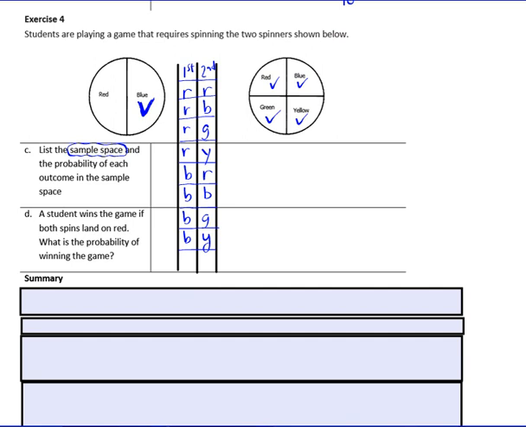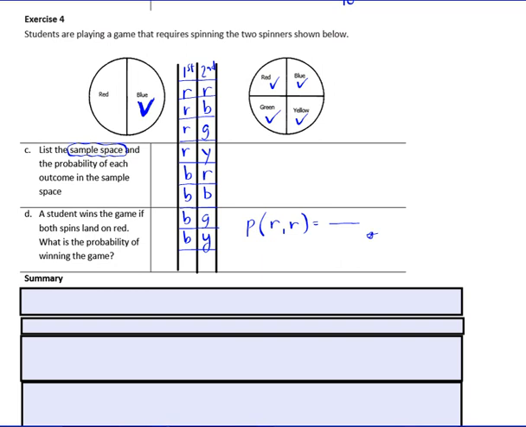D. A student wins the game if both spins land on red. What is the probability of winning the game? So we can write capital P for probability, R, R. And that stands for, what is the probability of spinning red, then red? Remember that our denominator is the number of possible outcomes.